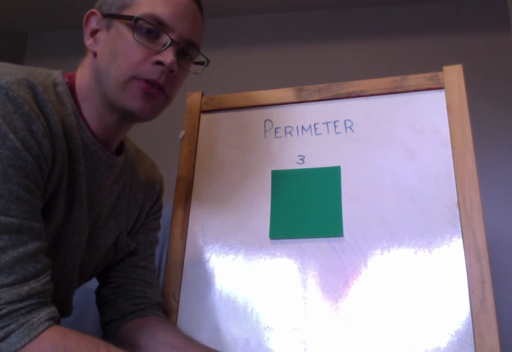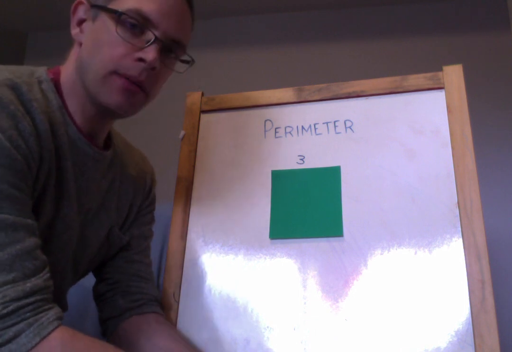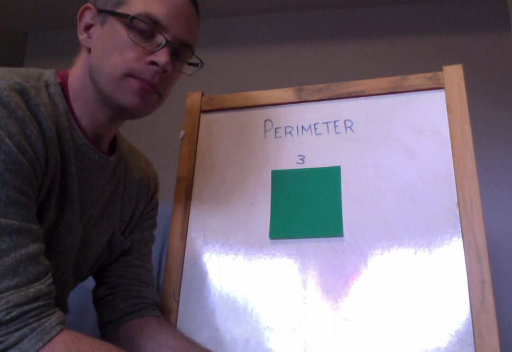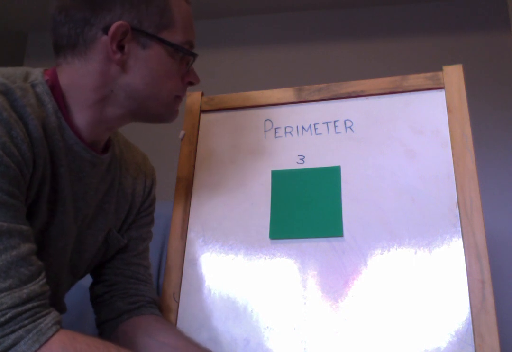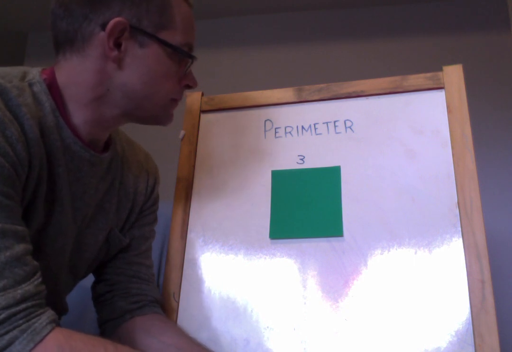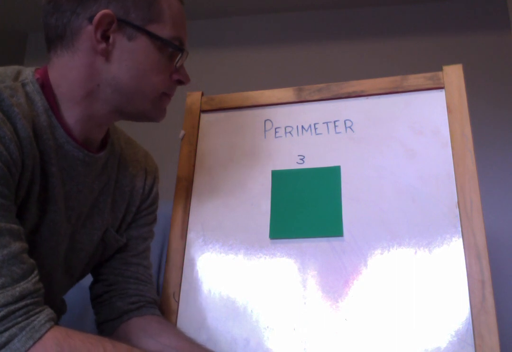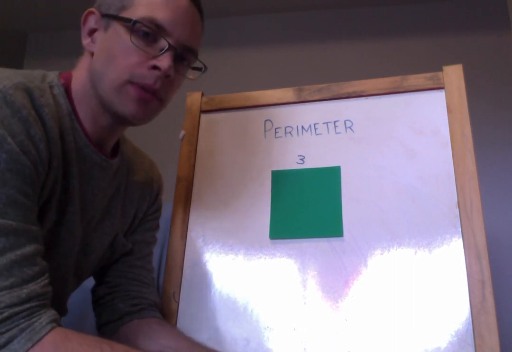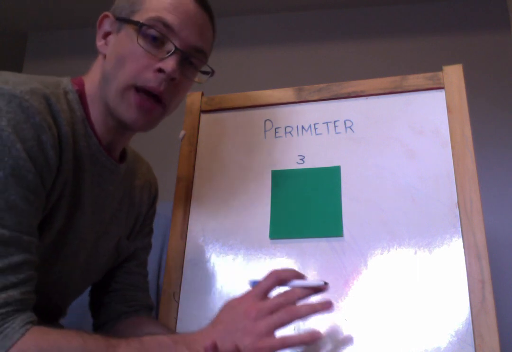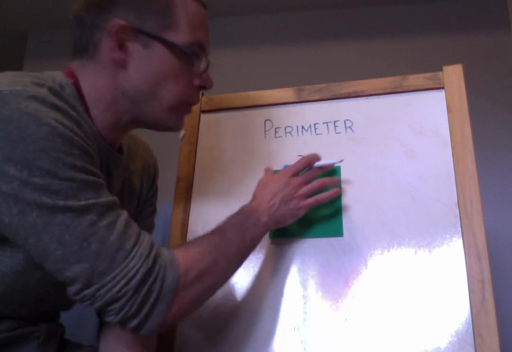I'm going to give you a couple seconds to see if you can find that answer by yourselves. Okay, let's work through this. I've told you this is a regular polygon, so all the sides are the same length.